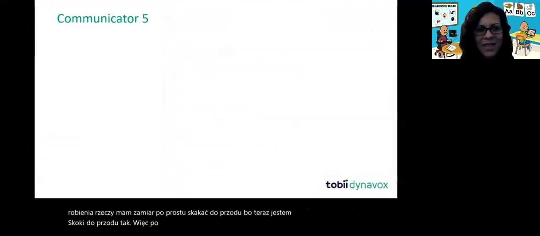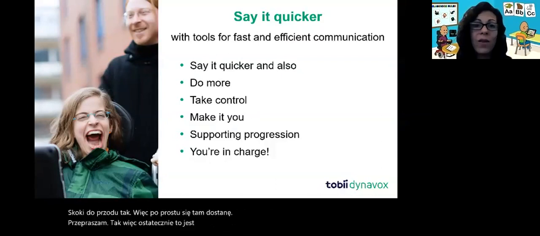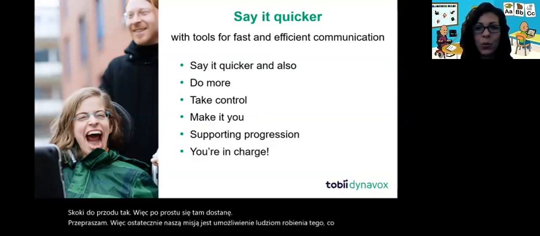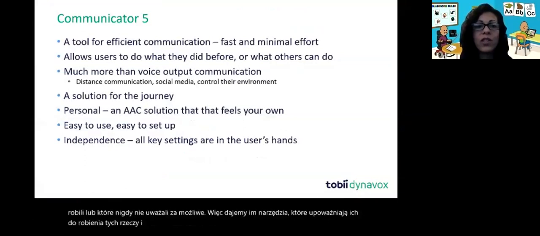Oops, sorry. So ultimately this is our mission. It's to enable people to do the things that they once did or that they never thought possible. So we give them the tools that empower them to do these things. And Communicator 5 is that tool for efficient communication.